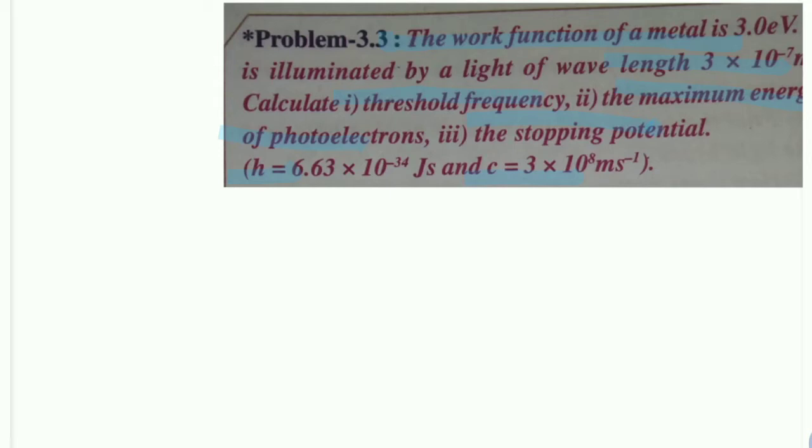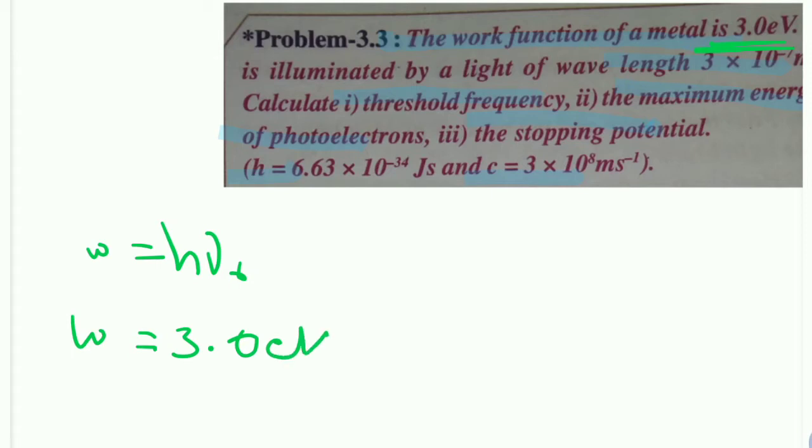So first one, the work function W is equal to h nu naught. He has given the work function as 3.0 electron volts, so we convert this into joules.